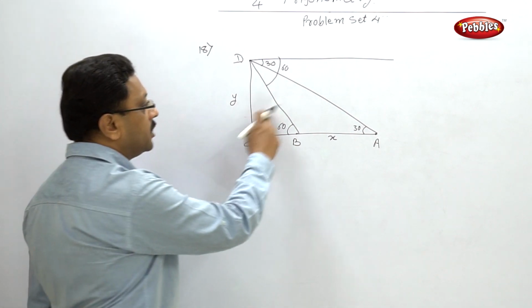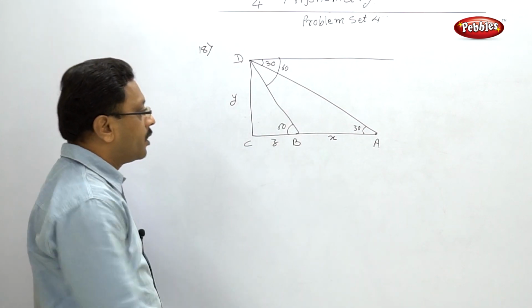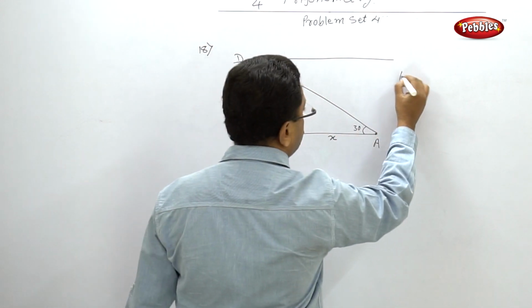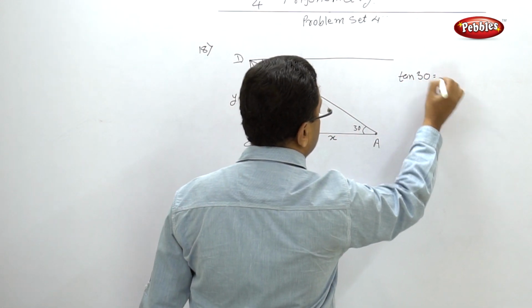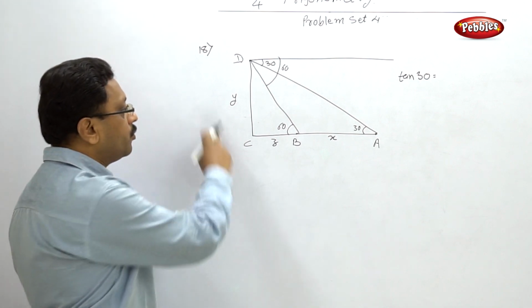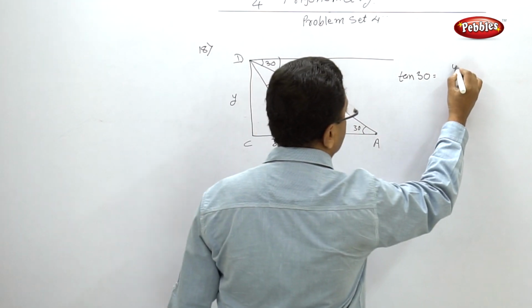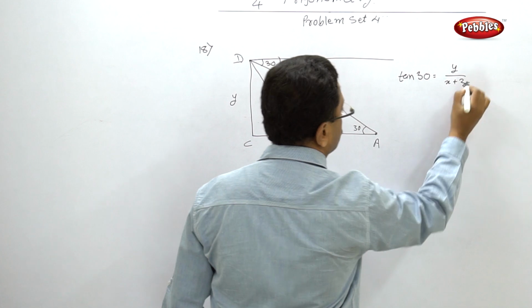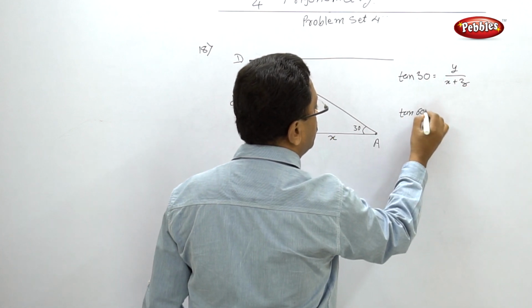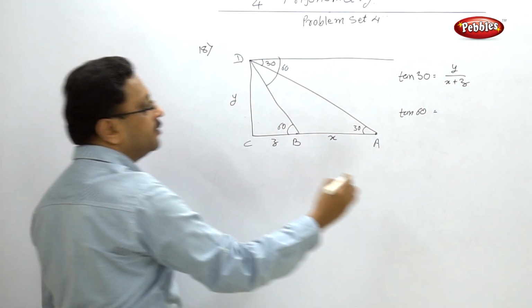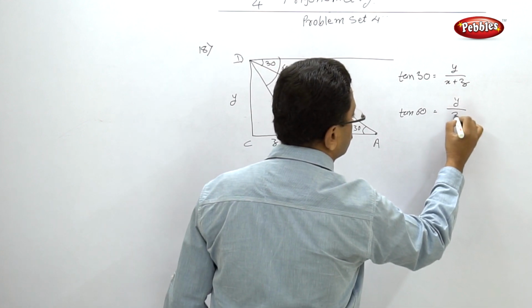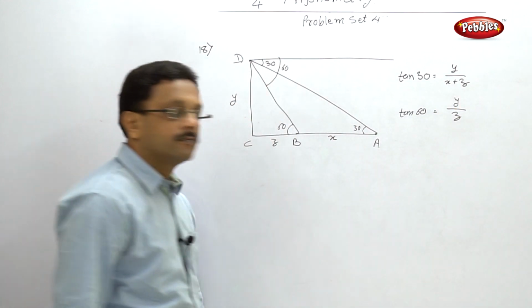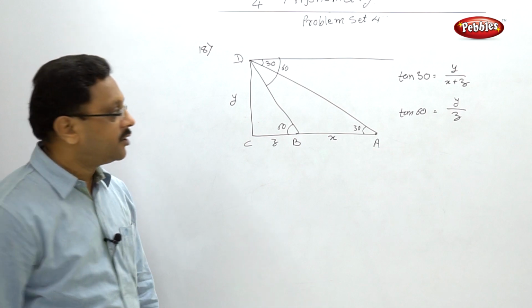Now let us consider our two triangles. Tan 30 is equal to y upon x plus z, and tan 60 is equal to y upon z. Correct?